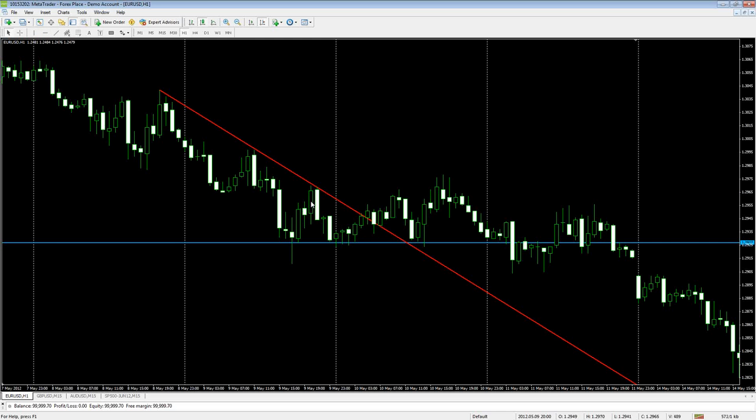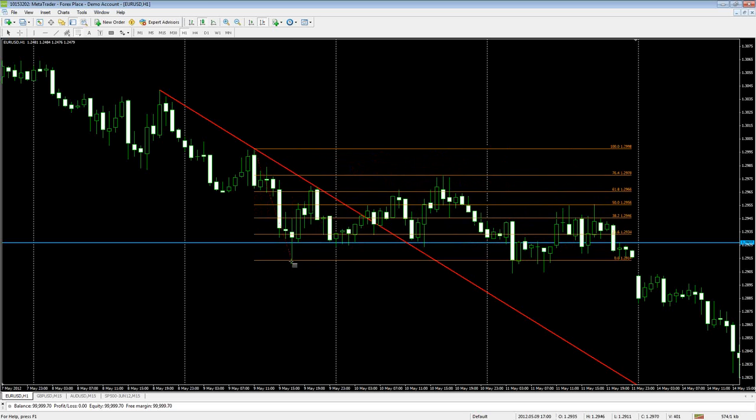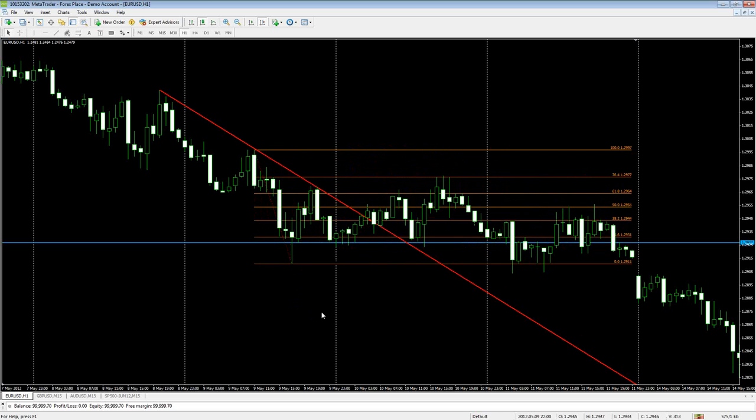But what you can try to see is, for example, where Fibonacci levels converge with these areas, okay? With these areas, for example, here. I can think of, okay, maybe the price will go up from here all the way to the 76 Fibonacci level, but maybe it'll stop around the 61.